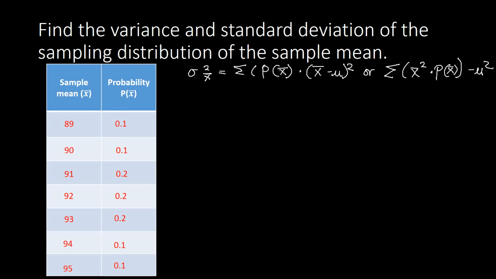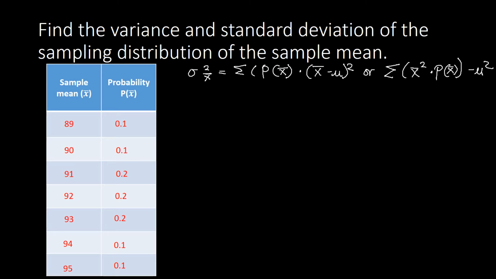Now, since we are not so fond of the formula here, we can actually make use of the tabular method again. If you were able to watch my video on the discrete probability, we solved for our standard deviation and variance using the tabular method. So let's now use our tabular method.